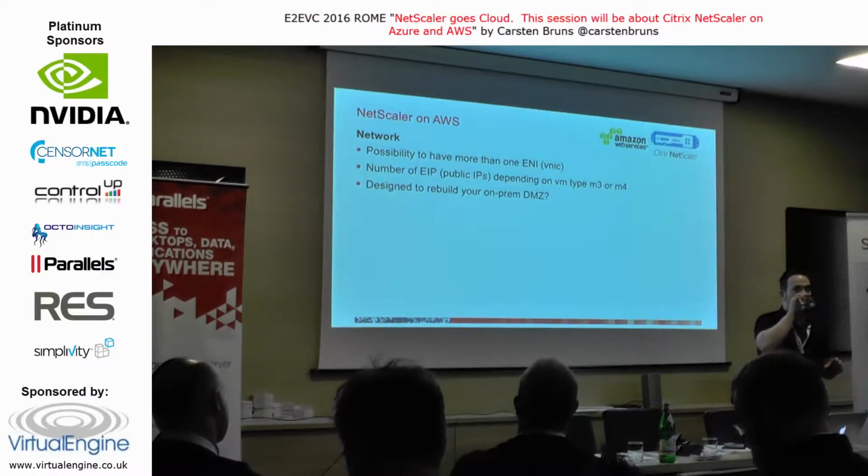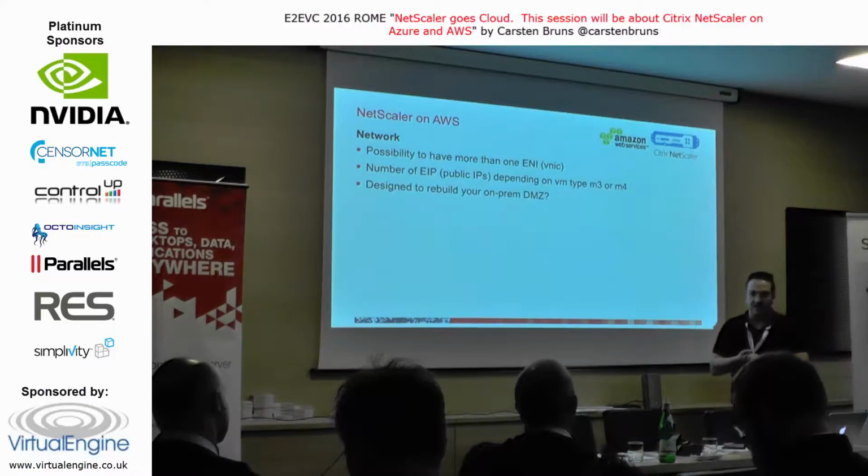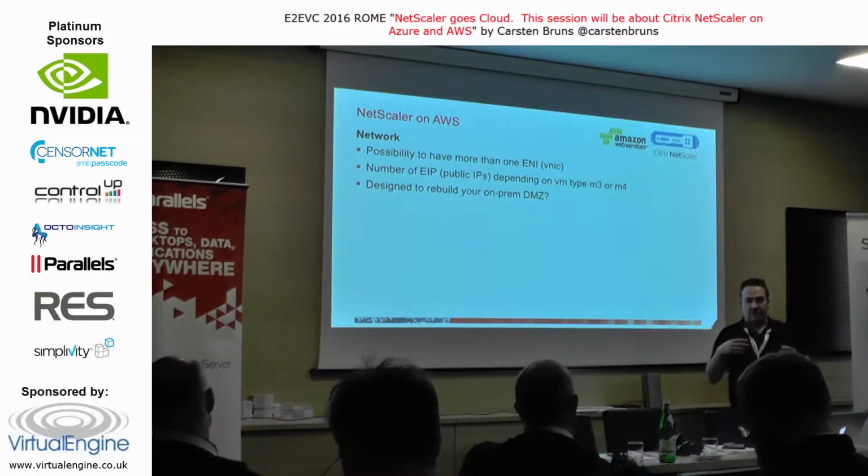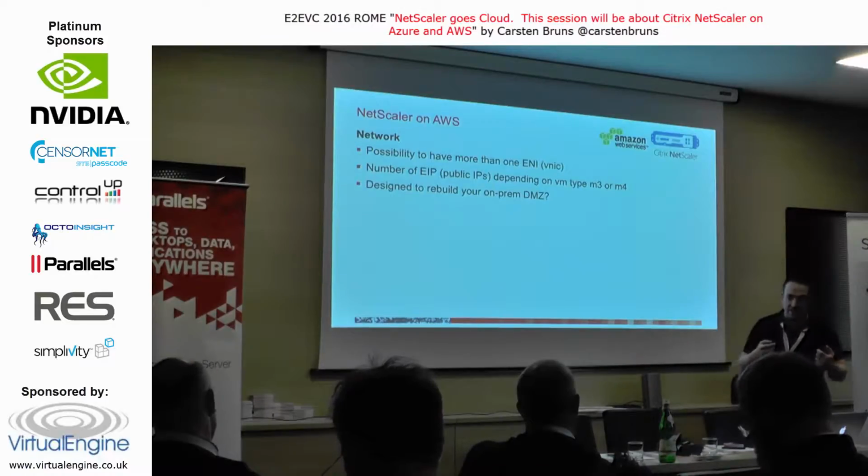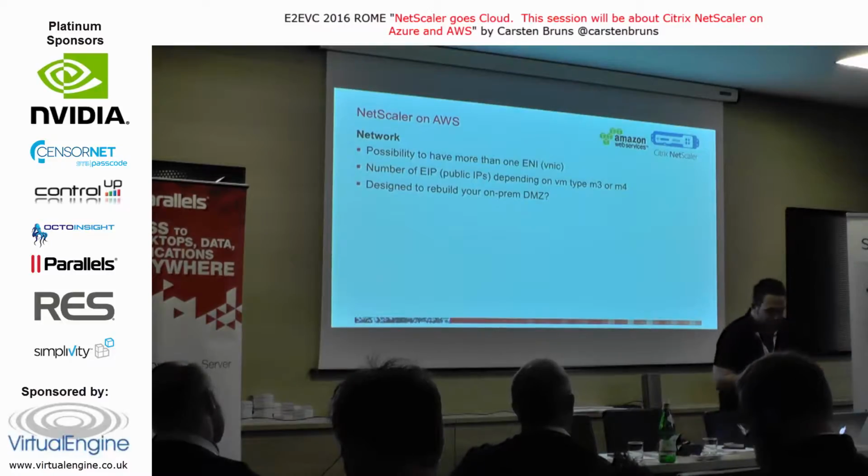And you can also create a NetScaler running only one interface with multiple IP addresses, so you have to make a good architecture on what you will do with your NetScaler running on AWS. It's much more complicated than in Azure, I think.